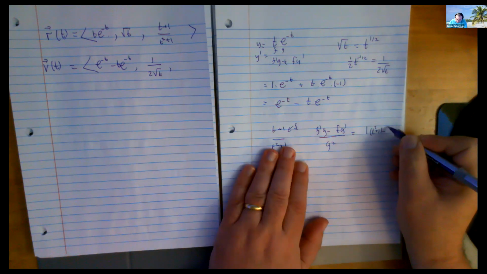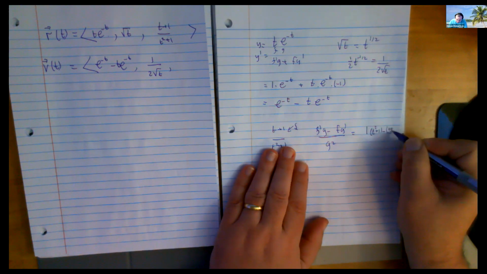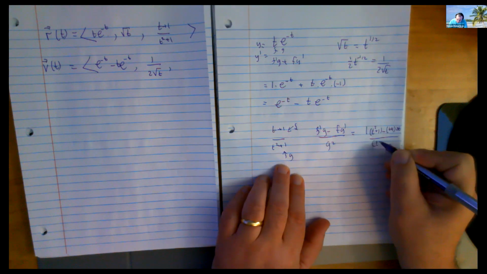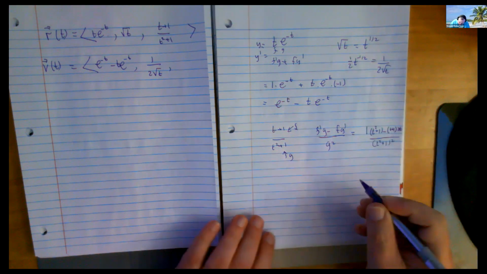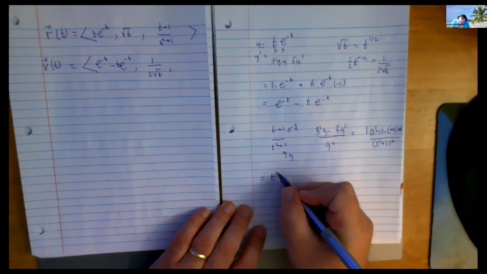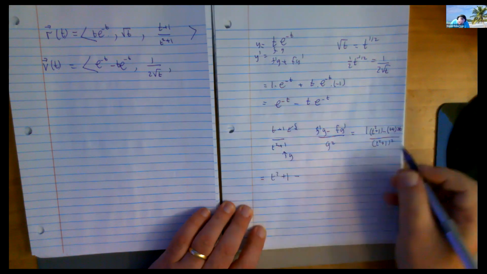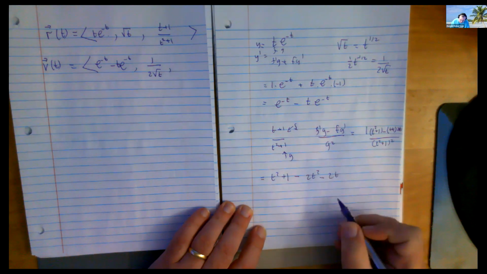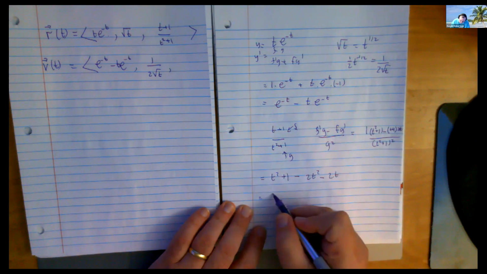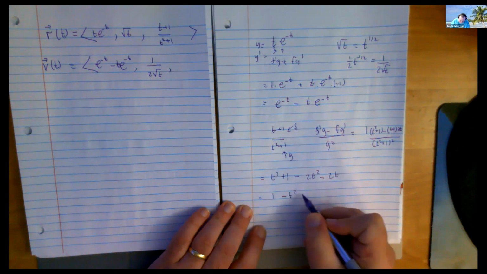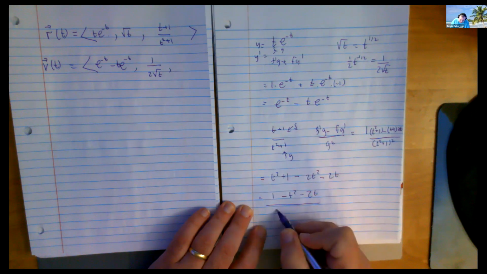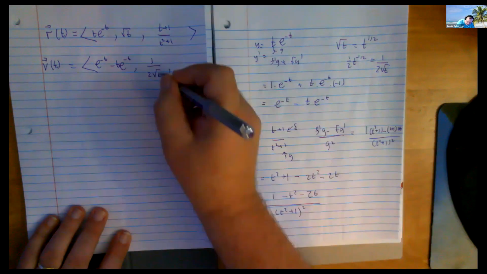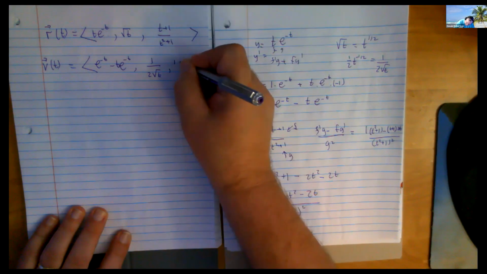Take away t plus 1 times a 2t, all over t squared plus 1 squared. And what does that get me? It gets me a t squared plus a 1. Take away a 2t squared, take away a 2t. Looks like I'm going to have 1 minus t squared minus 2t all over that guy. And I may change my mind in a minute, but not yet.